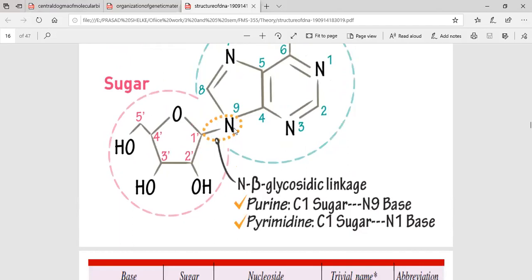N means the nitrogen, and beta means the orientation of the linkage is a beta linkage. It's a glycosidic linkage because it involves a sugar molecule. N9 base of purine and N1 base of pyrimidine.